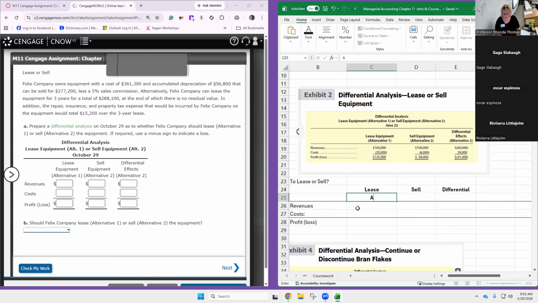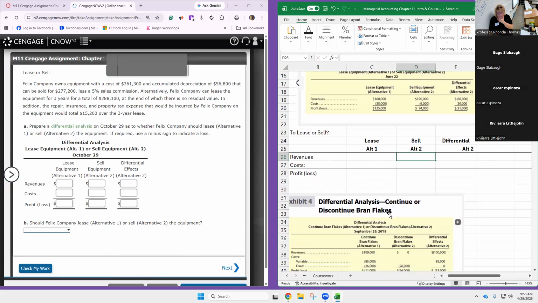So once again, this is alternate 1, alternate 2, and this differential is looked at on the side of the seller. Okay, decide whether to lease or to sell the equipment.